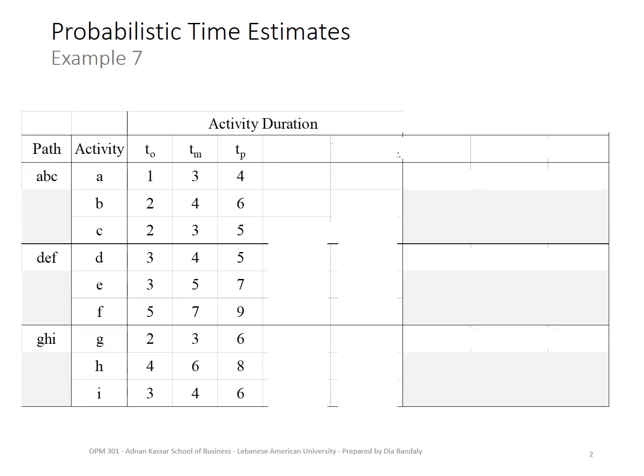All right, so here I set up a table because I prefer to do my calculation in a tabular form. It keeps everything neat, well organized, and very clear. What you can see here is all given. So we have the three paths, A, B, C, D, E, F, G, H, I, and a list of each activity. Then for every activity, we are given TO, TM, and TP.